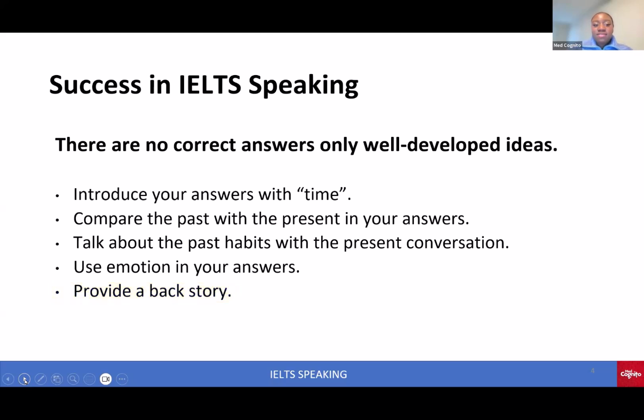And a lot of these techniques we talk about through the IELTS speaking course with MedCognito. And the really interesting thing about these techniques is that no matter what questions you're asked, they go with all of the questions that are brought up in the speaking exam. And when the answers that you're giving are well developed with these different techniques, you're able to find success and get the bands that you're looking for.